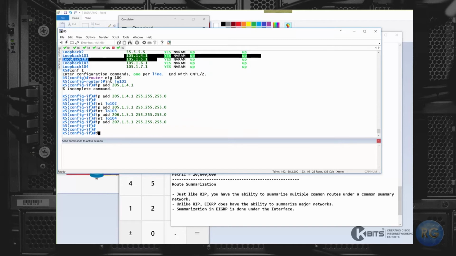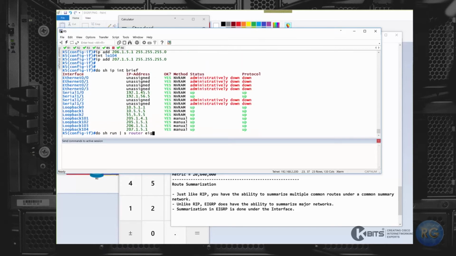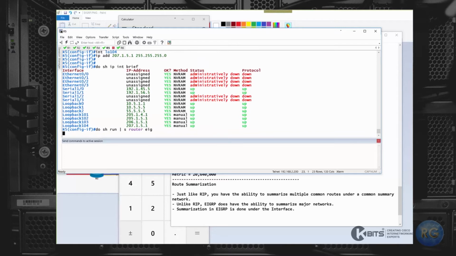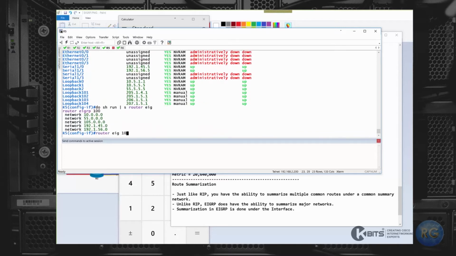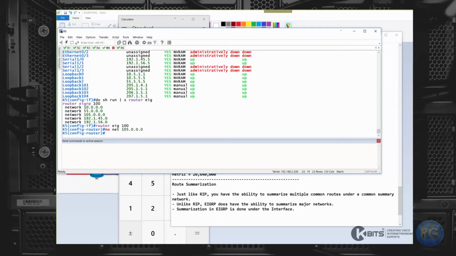Let's advertise it under EIGRP. So 105 I'm going to take off. No network 105. Instead I'll show you a way of advertising all these 4 at the same time. I'll say network 205.1.0.0 0.0.255.255. Will this work?